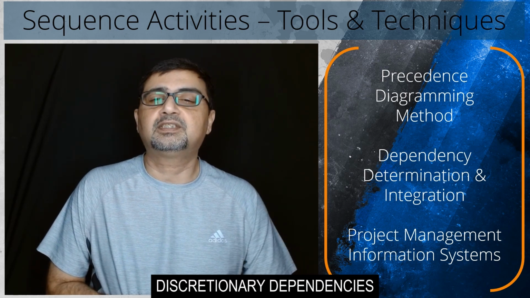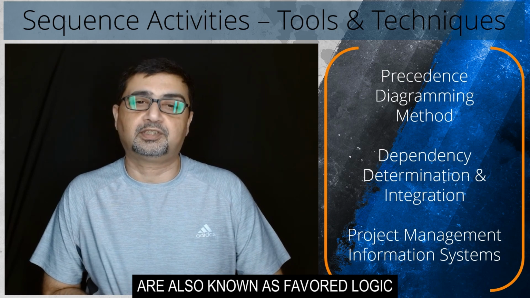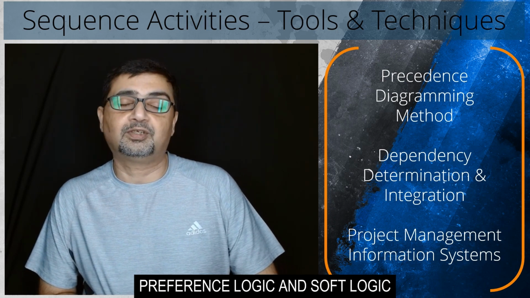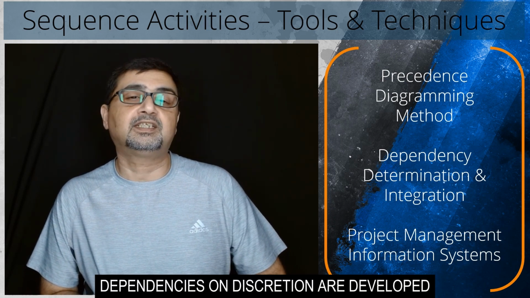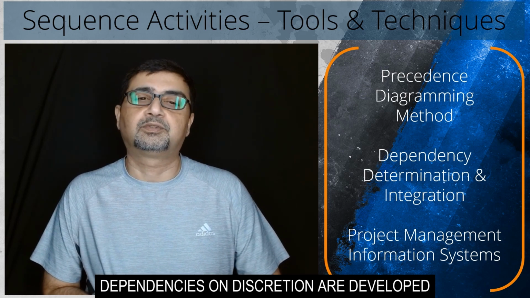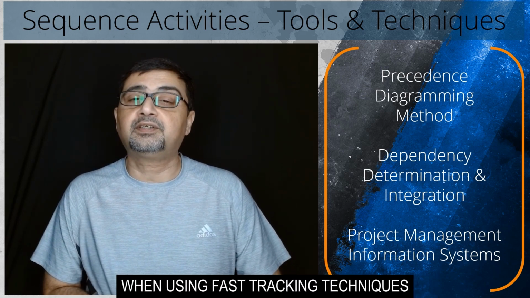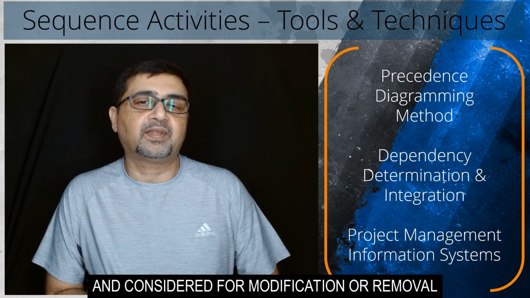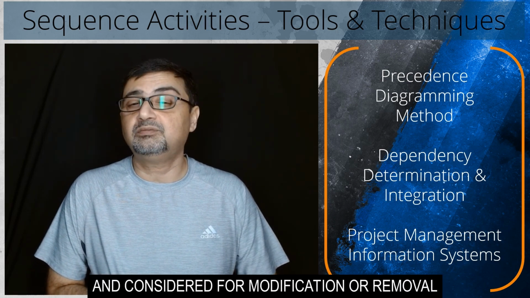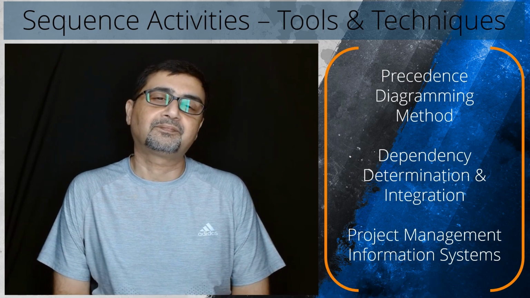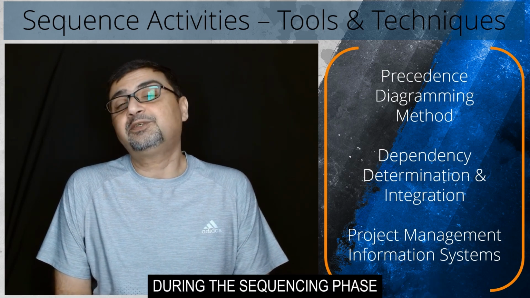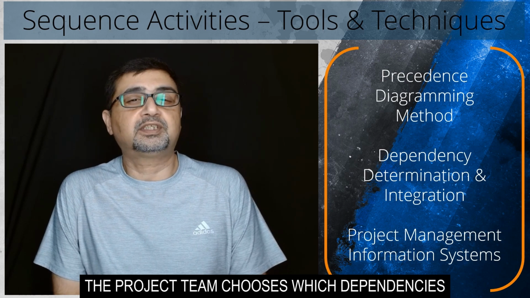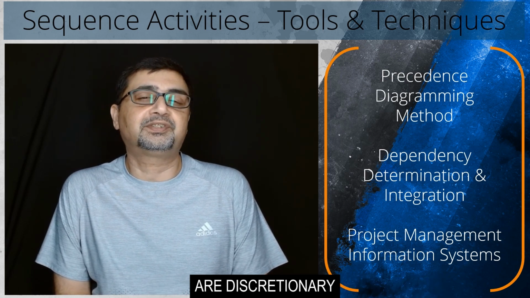Discretionary dependencies are also known as favored logic, preference logic, and soft logic. When using fast tracking techniques, these optional dependencies should be inspected and considered for modification or removal. During the sequencing phase, the project team chooses which dependencies are discretionary.